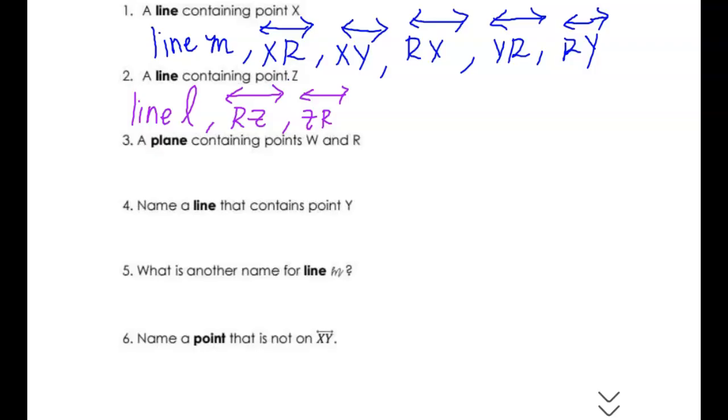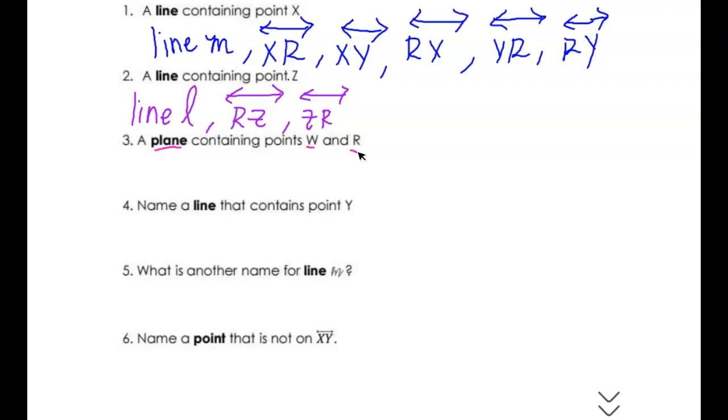Okay, a plane containing points W and R. Back table, Abdullah's table. What did you name that plane? N? So why can we not use N? It's lowercase.